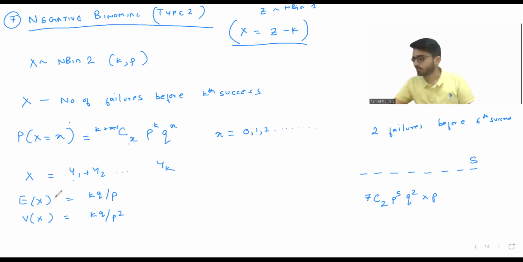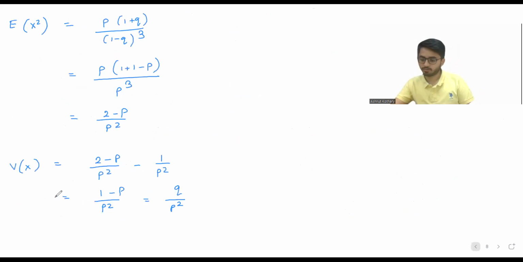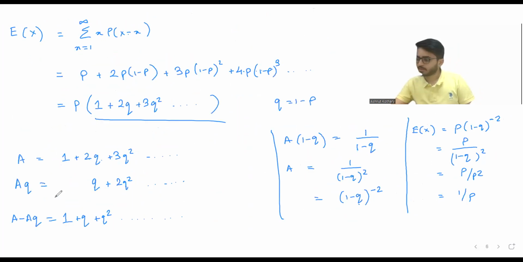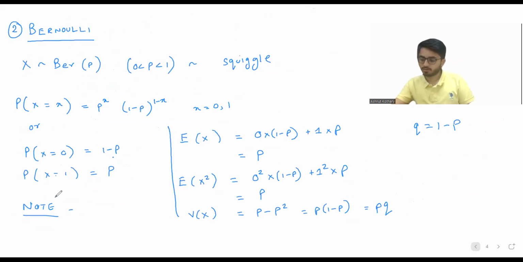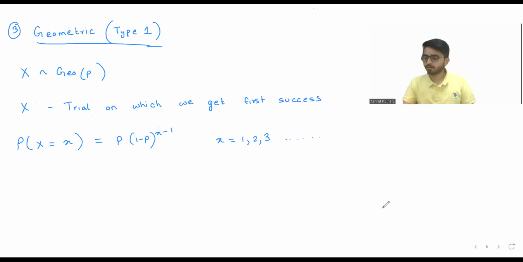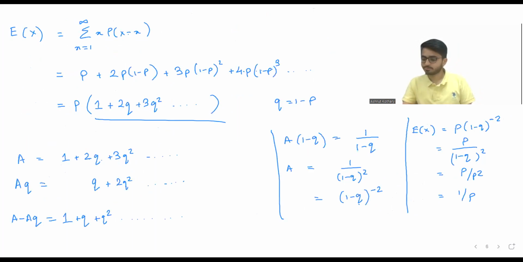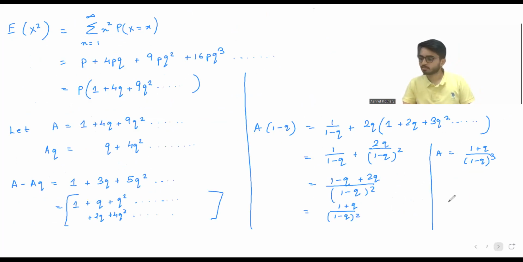Just for example, let me talk about Bernoulli first of all. Mean is P, variance is PQ. So variance is less than the mean because Q is between 0 and 1, so PQ will be less than P only. Next, I have geometric, the mean of which is 1 by P and variance is Q by P squared.